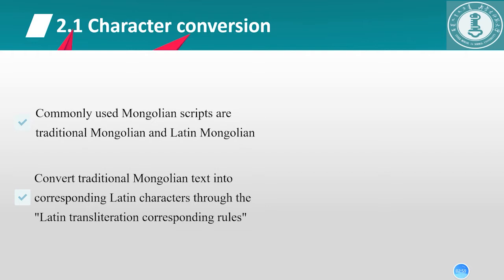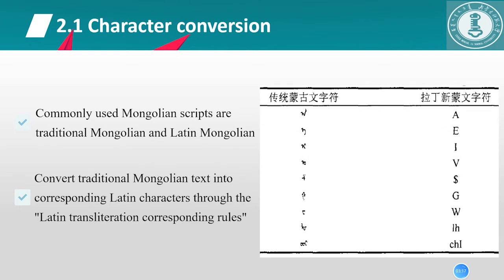In order to facilitate the processing, I converted the traditional Mongolian Unicode encoding method into the corresponding Latin characters according to the Latin transliteration corresponding rules. The corresponding relationship of part of the transliteration is shown in the figure on the right.